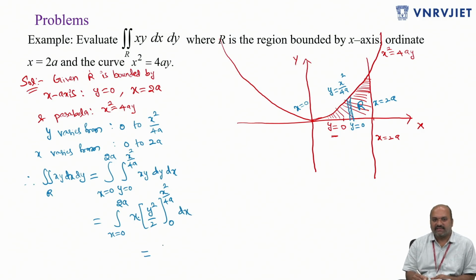This equals the integral with x from 0 to 2a of x into, instead of y, since we integrated with respect to y, we substitute the limits in the variable y: x²/4a whole squared. That means x⁴ divided by 16a², divided by 2, minus the substitution of the lower limit, which is 0, no contribution, into dx.